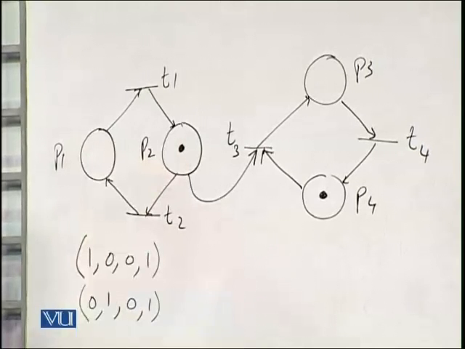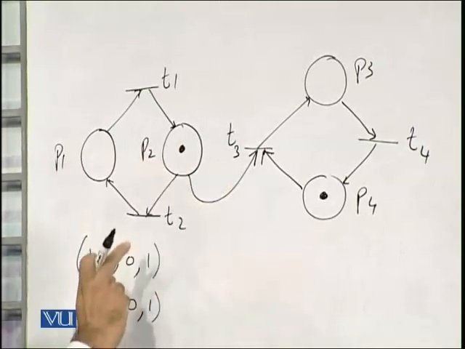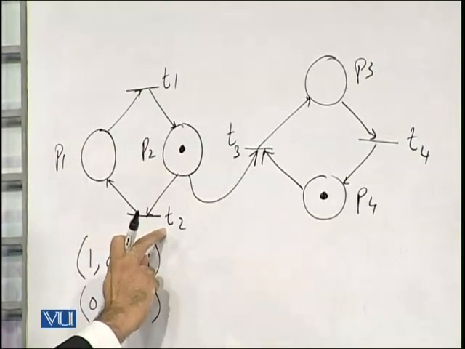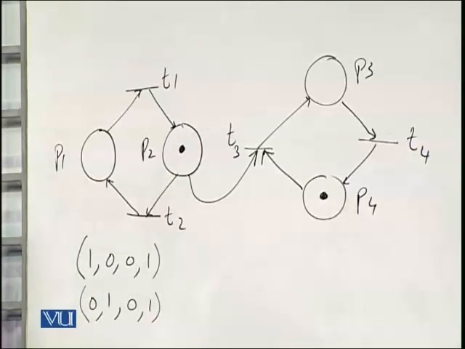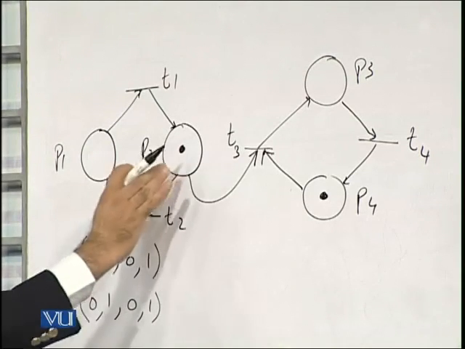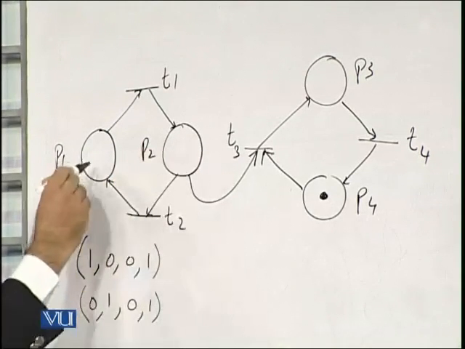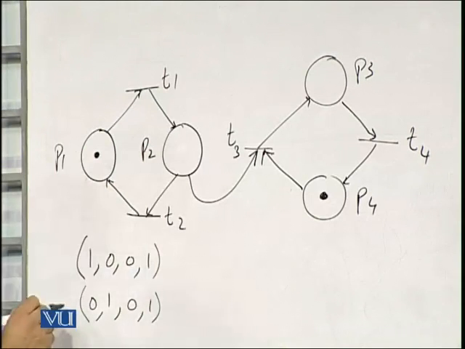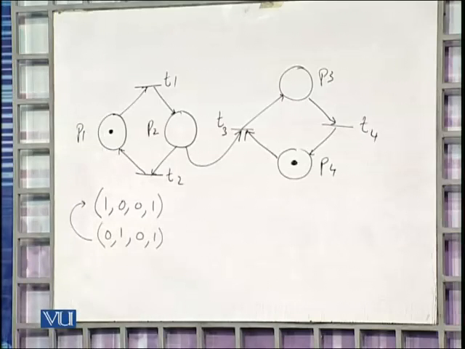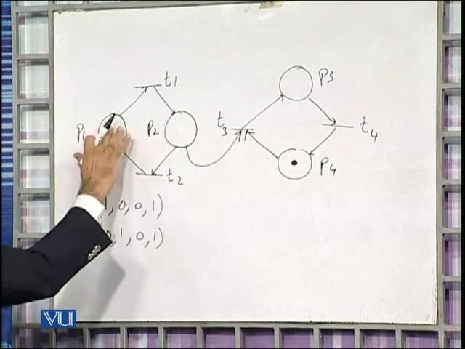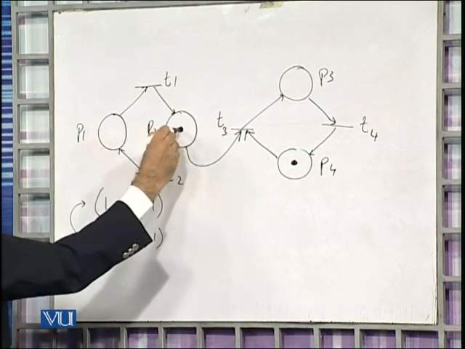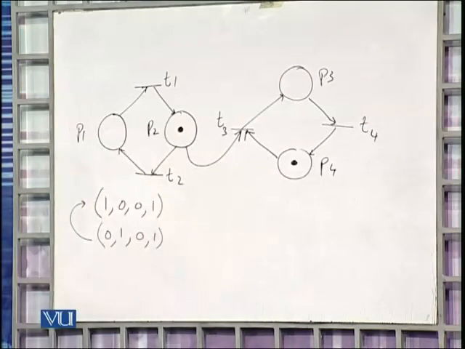At this point in time, we have two transitions that are enabled, that is T2 and T3. If we fire T2, this token will be taken from here and deposited here, so we will come back to our original state. So if T2 is fired, we come back to the original state, so we will keep on doing that.